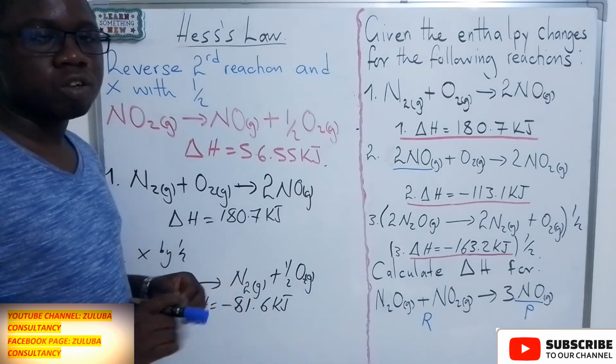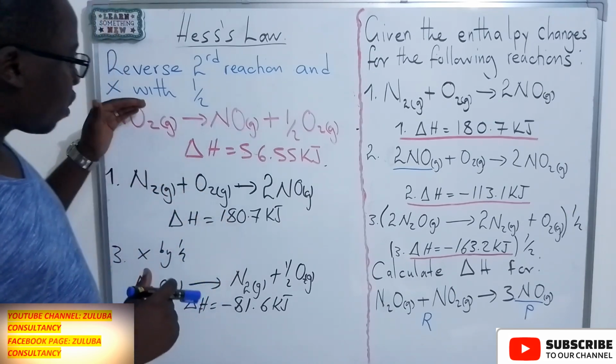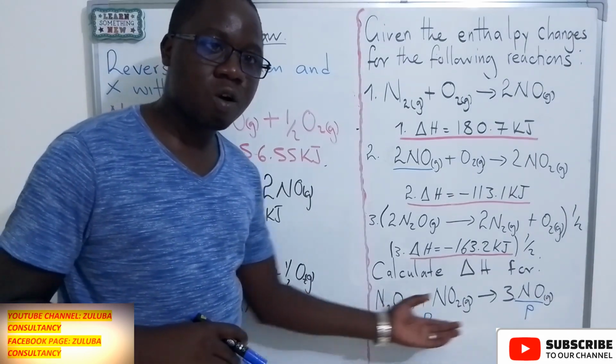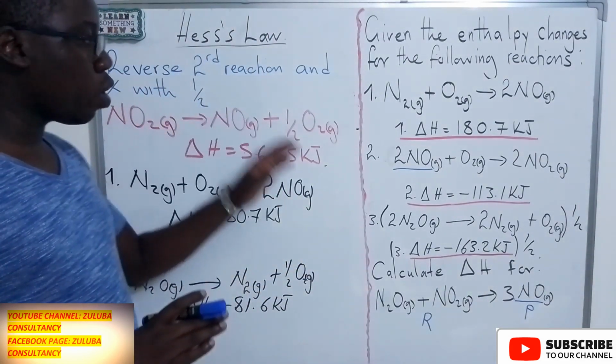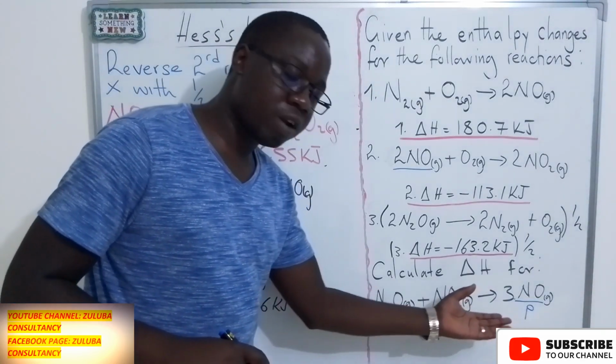At this point, you can now try to simplify the 3 reactions and see if you can come up with the overall reaction. Now, our goal is, after we simplify these 3 reactions, we should come up with the overall reaction.